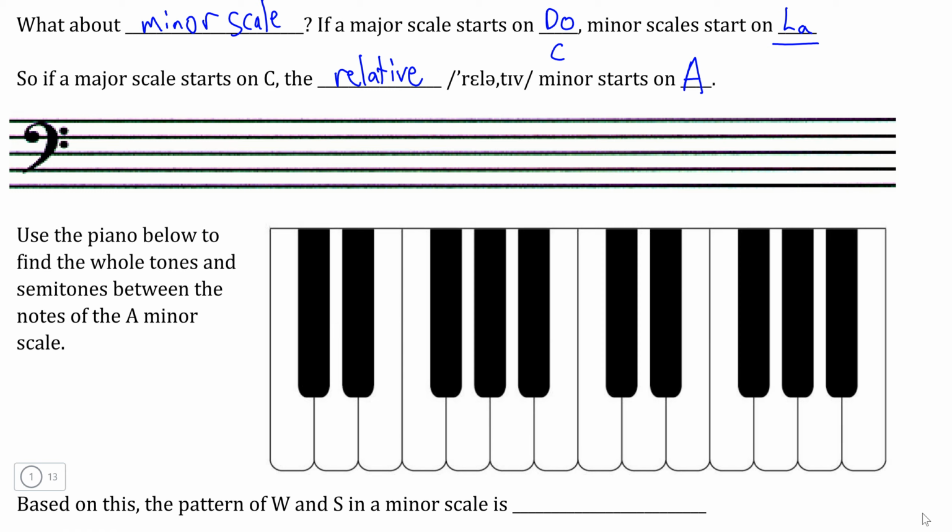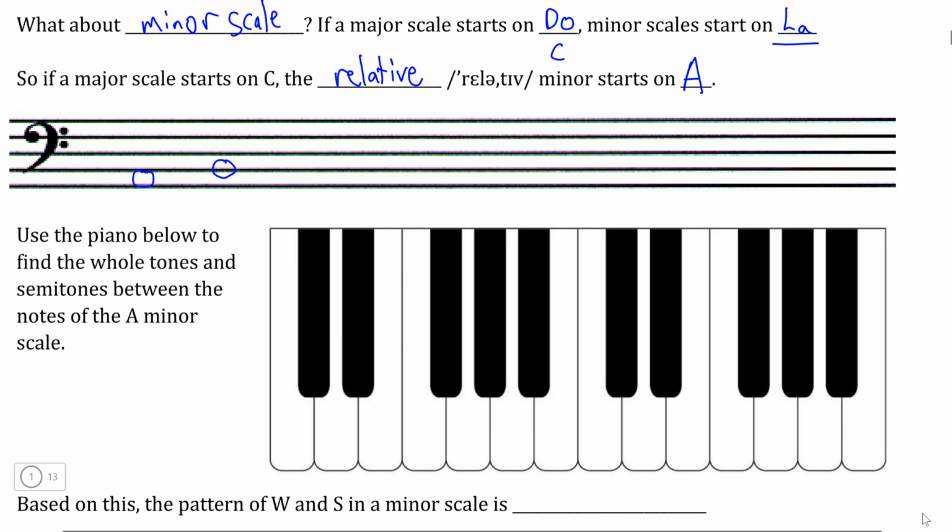And if we wanted to construct the A minor scale, we simply do the same thing as we did with C major, but we start counting on A instead. We're using the bass clef here, so our A is going to be here. And all that we do is write the pitches up from A until we get back to A again.